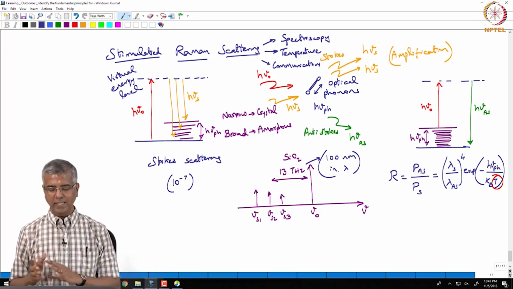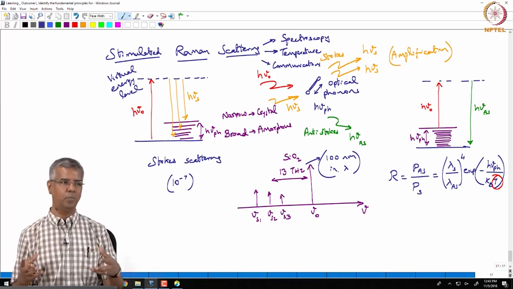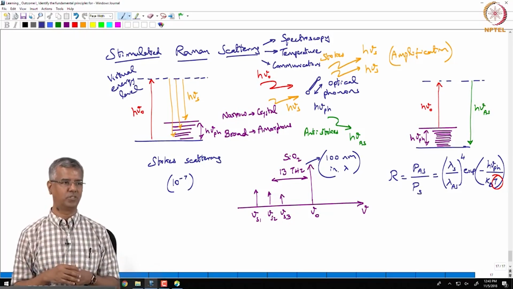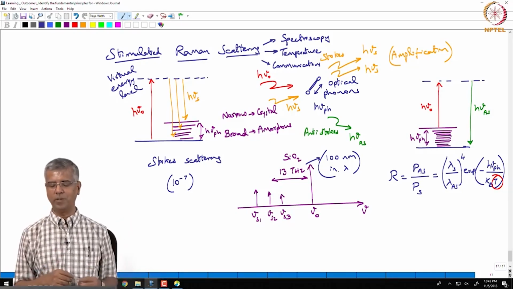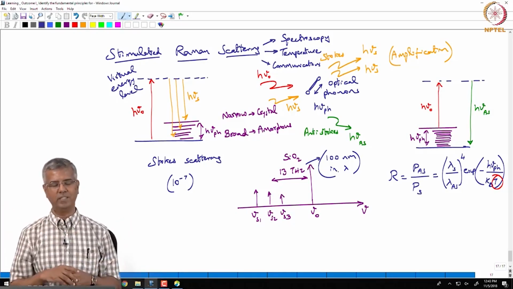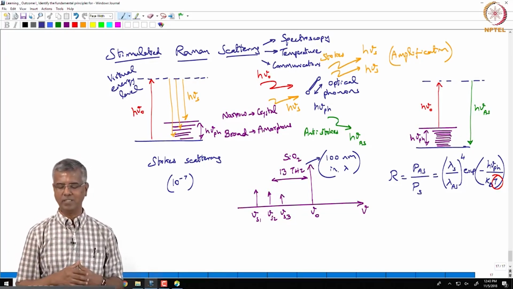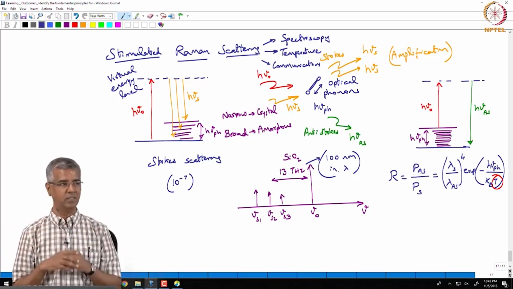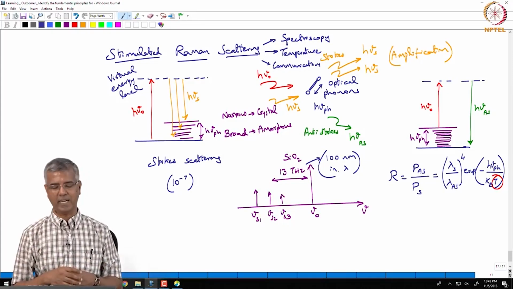So to increase that probability, you need to have a large number of photons of both your pump and Stokes, right? You cannot have one photon of pump going into this material, another photon at the Stokes going into the material, and expect them to come to a location at the same time to have this process happening. So, the more photons, the better the probability that you will have the stimulated scattering.